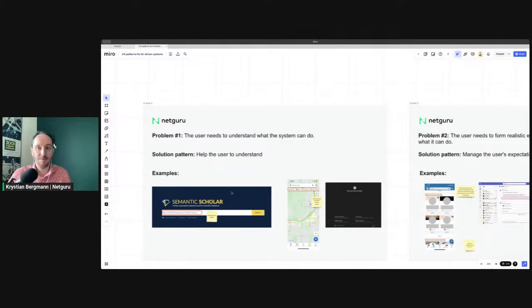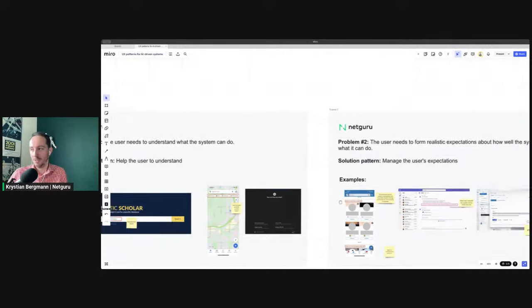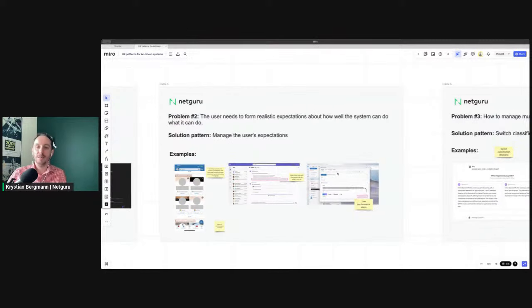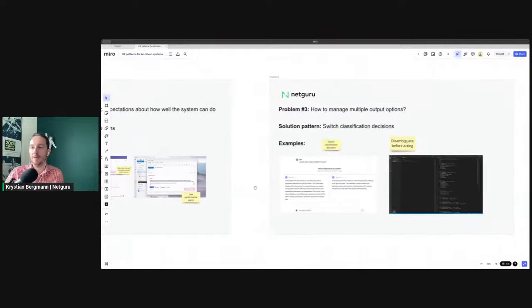So at least give them first ideas of what the system can do. The second one, manage the user expectations, right? So make sure that in a lower performance situation or with insecure Gen AI systems, the user will be transparently informed about it.